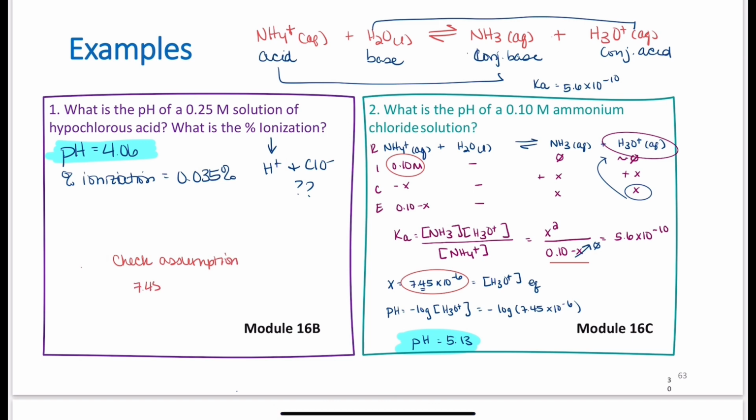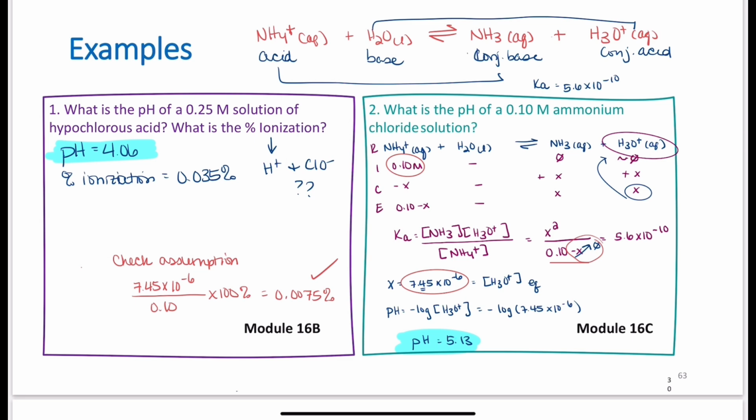I have 7.45 times 10 to the minus 6, divided by 0.10, times 100. This gives me 0.0075%. So the assumption's valid. So what I did right here is completely valid.